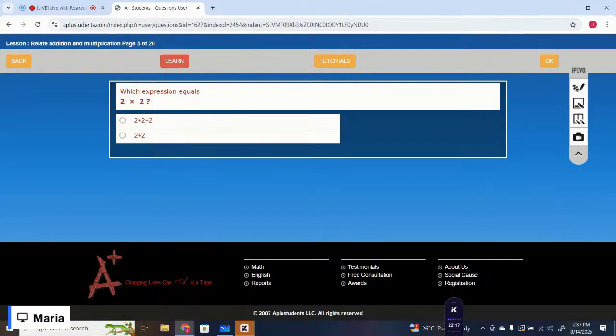Which expression equals 2 times 2? That is adding 2 two times. Option number 2 is the correct option. That is 2 plus 2.